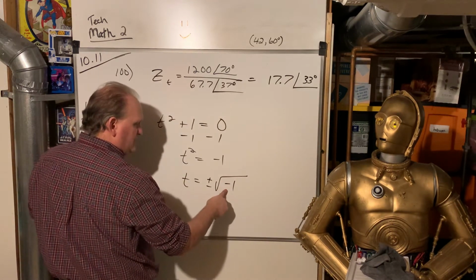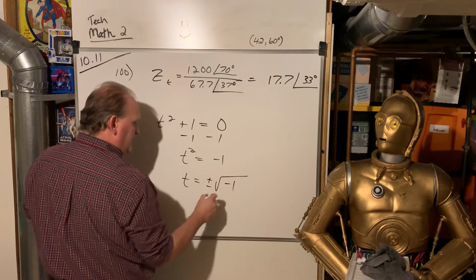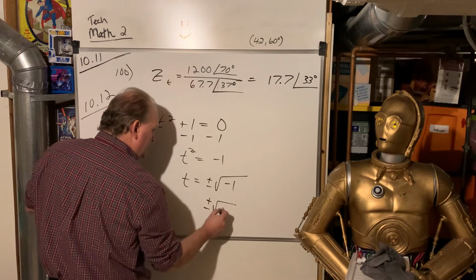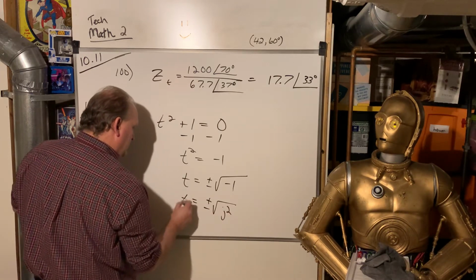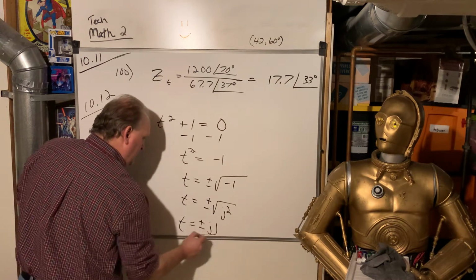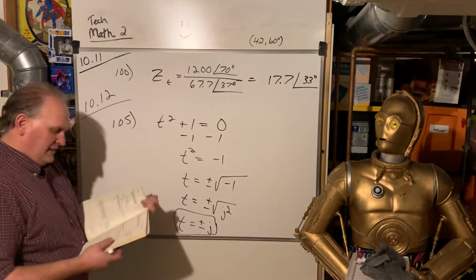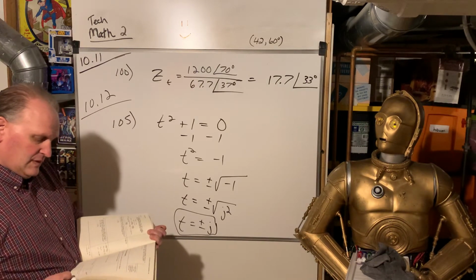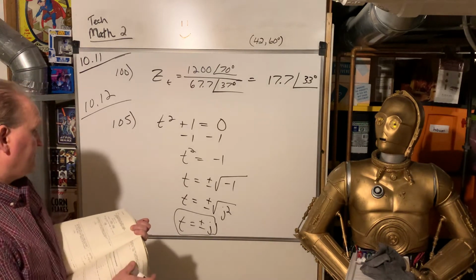Whenever that happens, when you have an even root and a negative inside, you replace it with I squared or J squared. And so plus or minus J would be the answer there. They likely only talk about, oh no, they did both of them. Yay for them. Plus or minus J. Okay, cool.